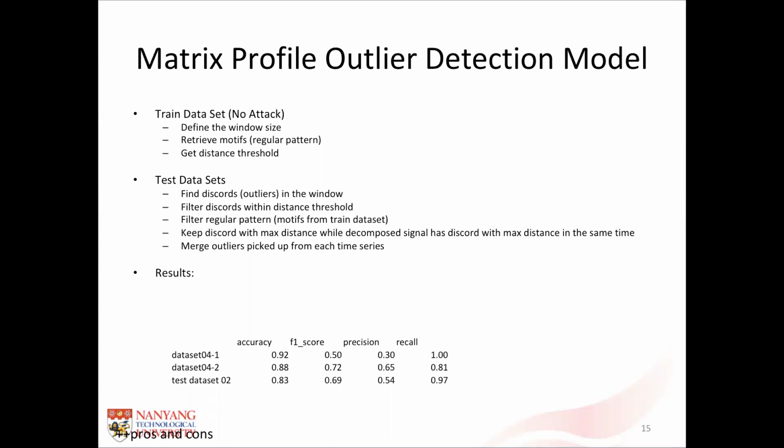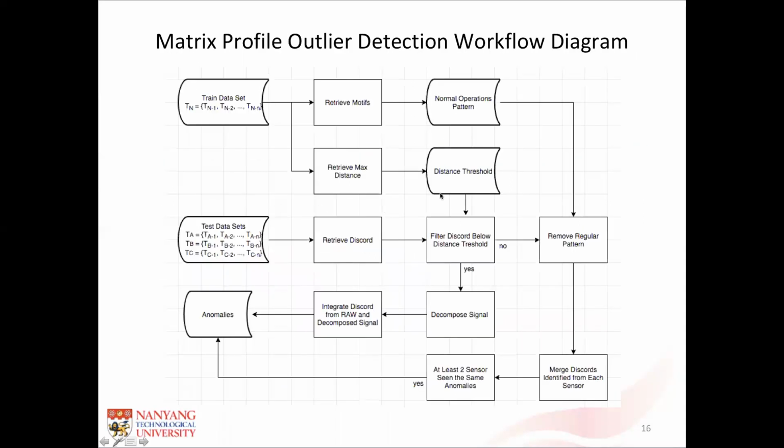If the discord with max distance from the decomposed signal and the discord with max distance from the raw signal are at the same time, then we think this time has outliers as well. After we get the discords from the two paths, we merge the results and then give the anomalies.